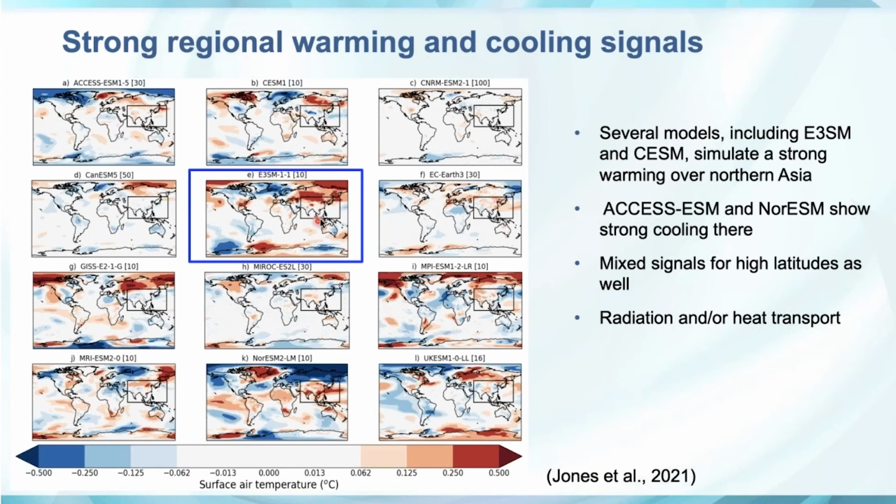However, there are also models showing strong cooling there. So it's a very mixed signal from different models. Also for high latitudes, some models show very strong cooling and some show very strong warming. So especially for the high latitude remote regions, the change in temperature is related not just to radiation change. Very likely the heat transport is very different in different models.